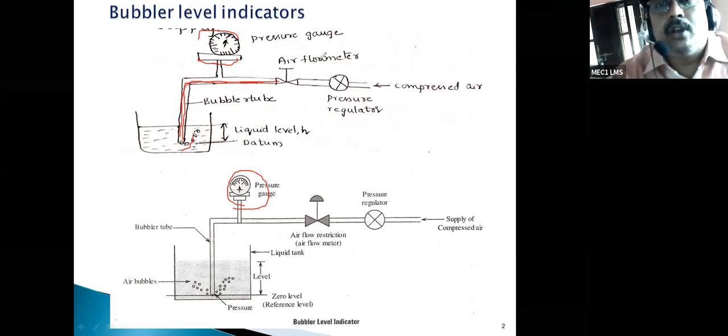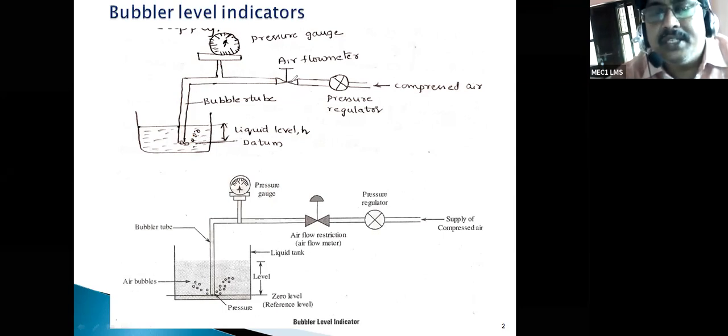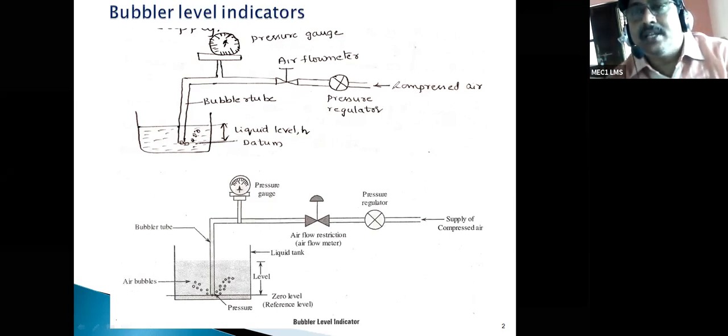So again, I'm repeating, all of you listen carefully. Here it consists of a bubbler tube, airflow meter, and pressure regulator. On one side, we are supplying compressed air into the bubbler tube through the pressure regulator, and the other end is the dipped end.